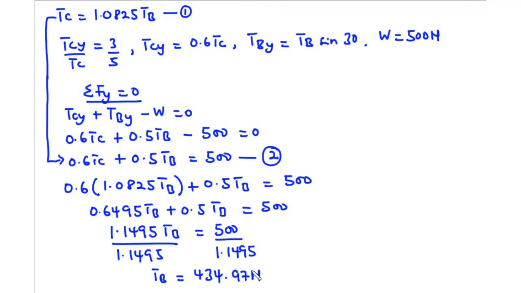Therefore, we can round this up to the nearest whole number as TB equals 435 newtons. So this is the value of TB, the tension in the cable BA.